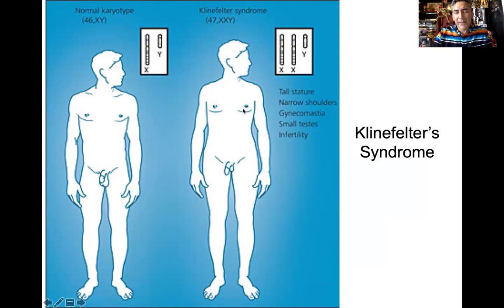Gynecomastia, they develop breast tissue, small testes because of the anti-testis factor that we're fighting off, and infertility. The hip structure is going to be more feminine, wider hips, flared out pelvic girdle, fat deposition in areas more feminine rather than more masculine.